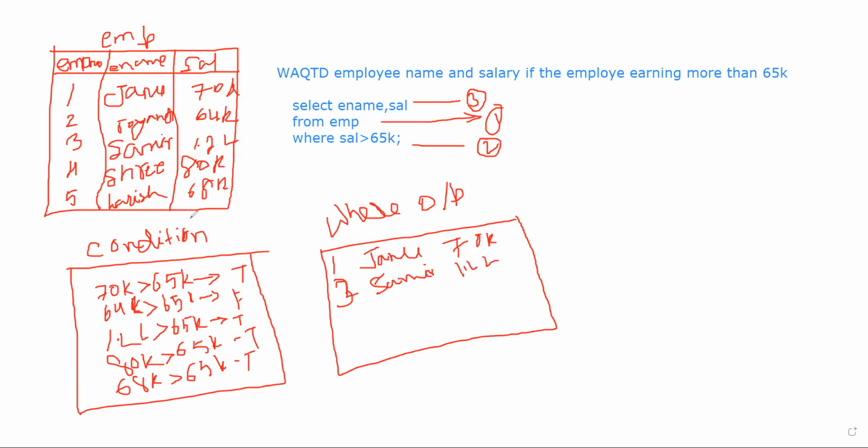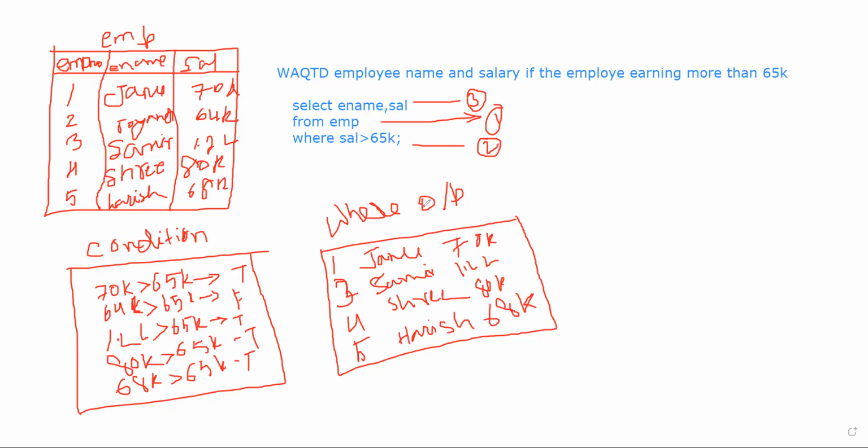Then 4, Sri, will get executed, right? 80K. Then after that Harish, 5. Harish is 68K. Okay, this is the where condition output, right?